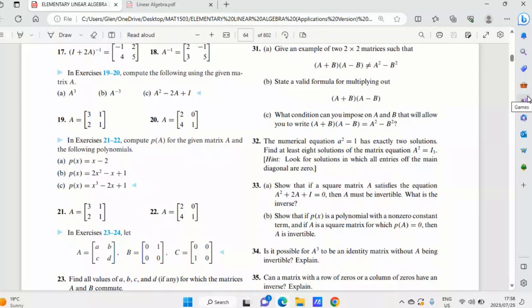For x cubed, I substituted a matrix of 2, 0, 4, and 1, which means I have 3 matrices that I have to multiply. I first multiply 2 matrices, 2, 0, 4, 1 and 2, 0, 4, 1, and I got 4, 0, 12, 1.